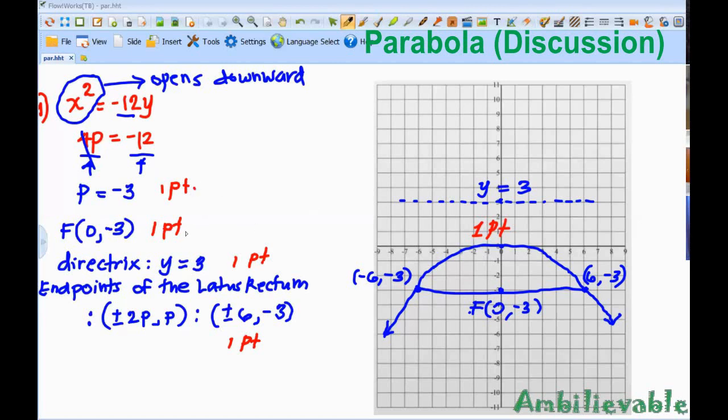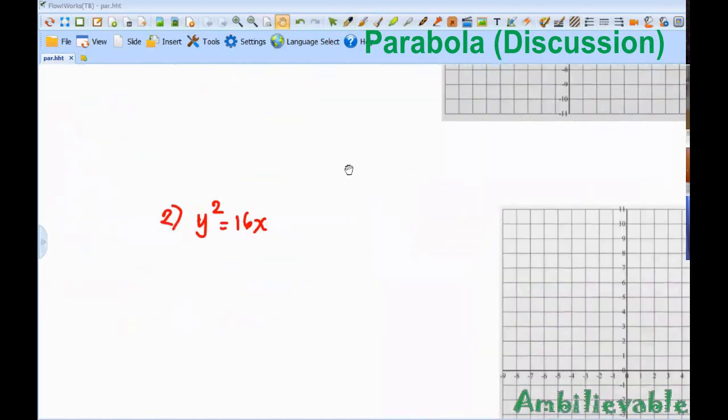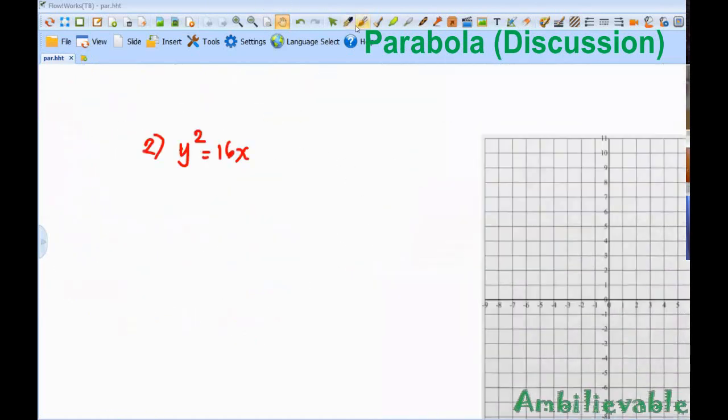Okay, next, let's go to number 2. We have y squared equals 16x. So Ramsen, the parabola opens where? Sir, right po.